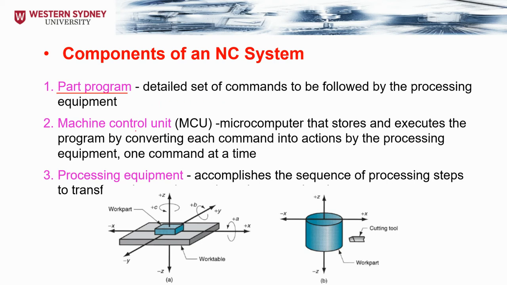Second, we have the machine control unit, or the MCU, which is a microcomputer that stores and executes the program by converting each command into an action by the processing equipment, and usually it's done one command at a time. Third, we have the processing equipment. It's going to accomplish the sequence of processing steps to transfer the cutting tool.